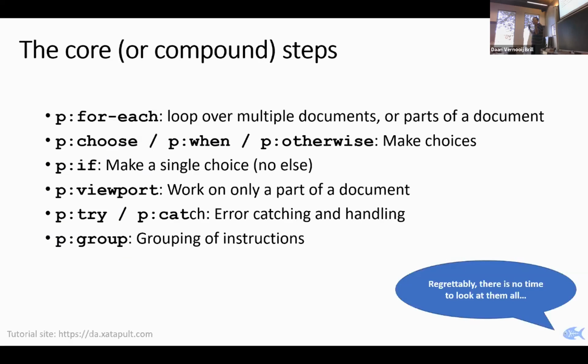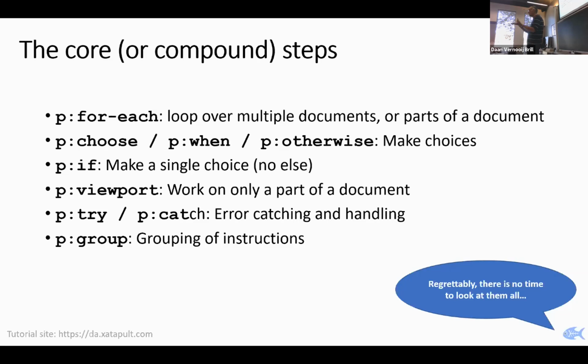And these are the core compound steps. Actually, the only compound steps. P:for-each is loops. It loops over multiple documents. Because what I haven't told you is that you can push one document through a port, but it's also possible to push multiple documents through a port.